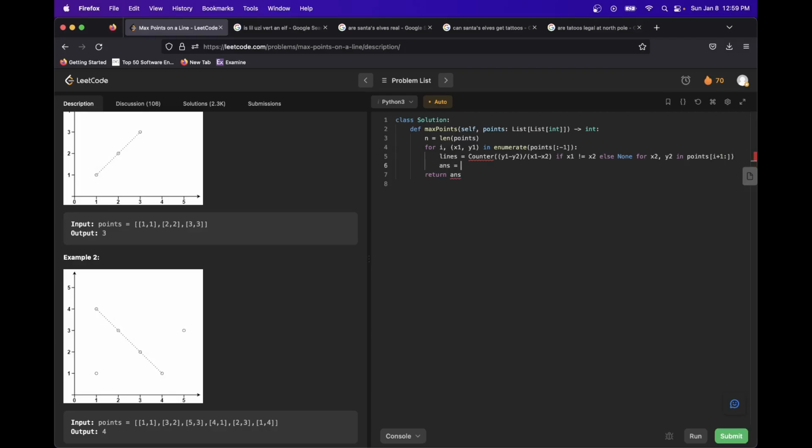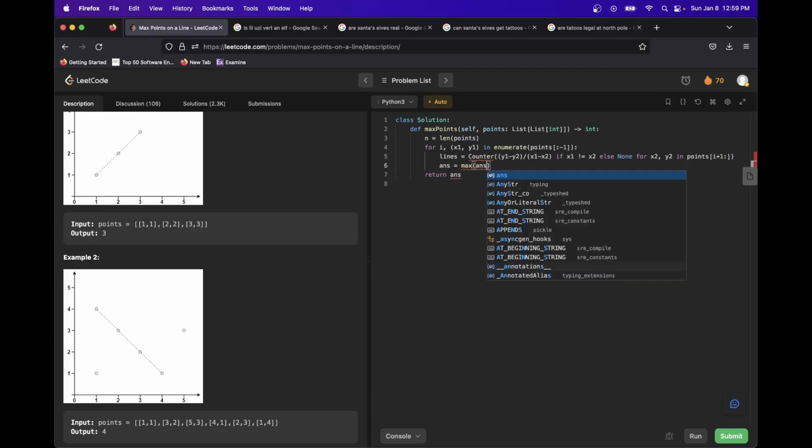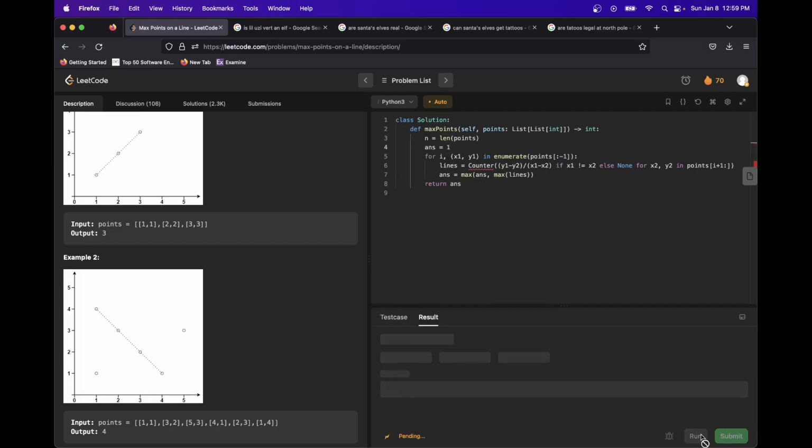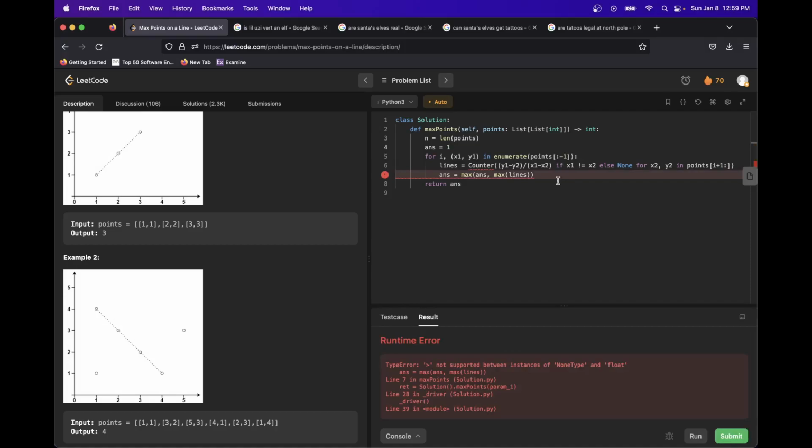And then we'll just say ans equals max of ans and the maximum of lines. And then here we need to initialize ans to be 1 again. Oh, oops, we want this to be max lines dot values. Oops.